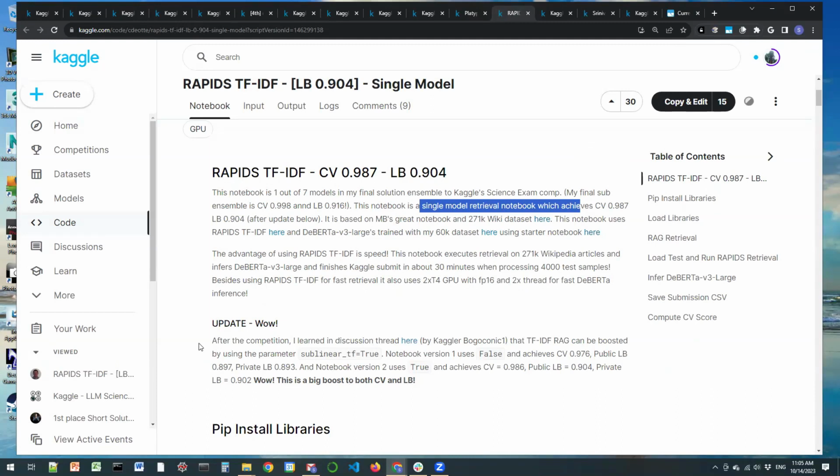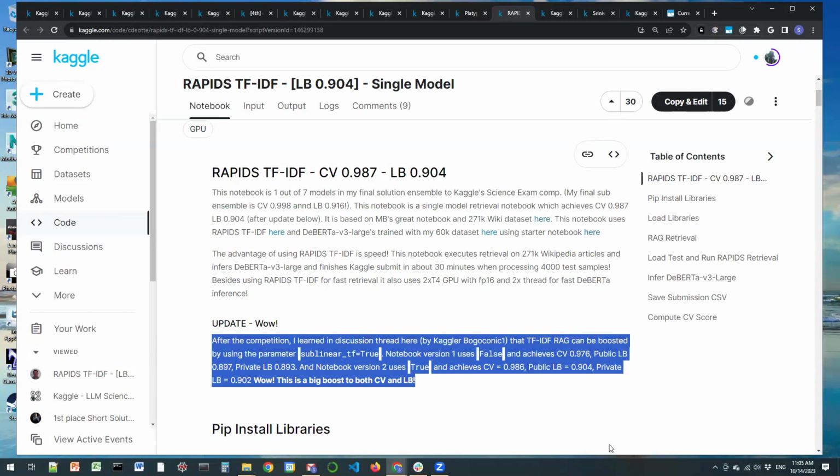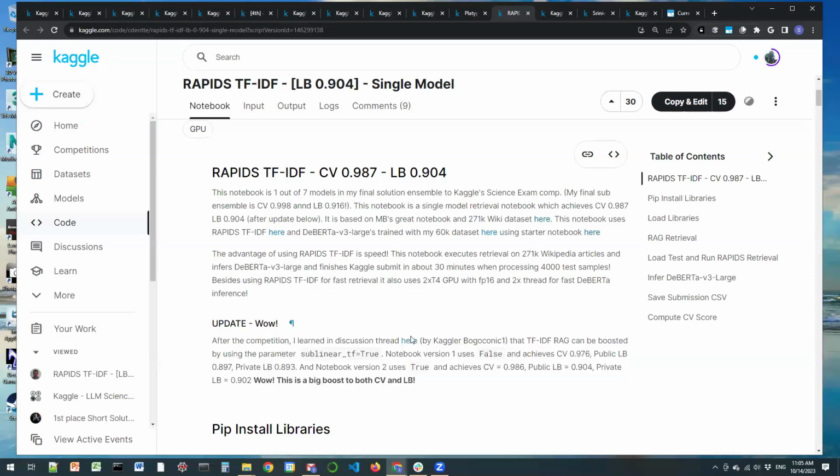Oh, wow, look at this. Just by some setting of the flag. TF-IDF RAG. Wow.